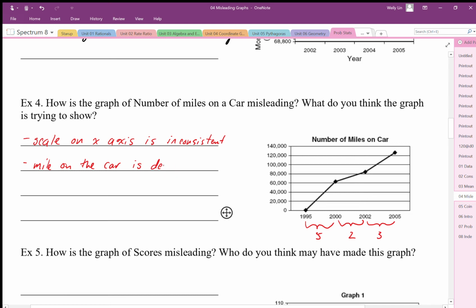So it's decreasing over time. But really, that's probably not necessarily true.